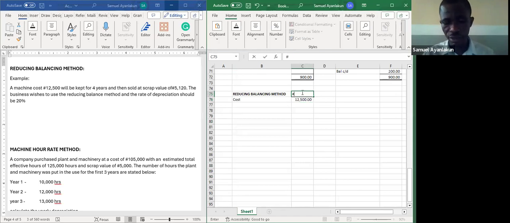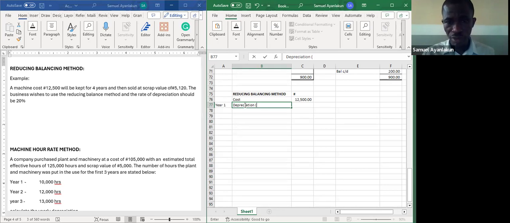You put the naira sign. 12,500, that's the cost of the item. Year one, depreciation that will be charged for year one will now be how much? It will be 20% of 12,500.